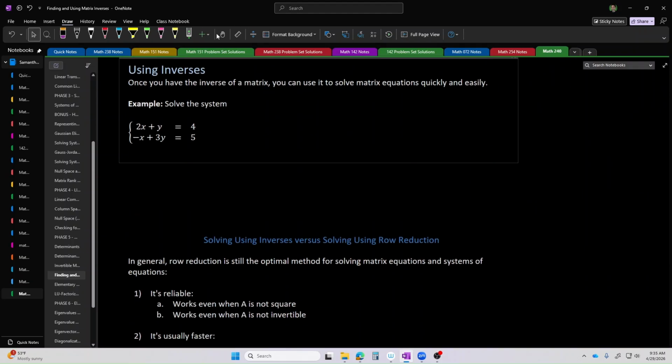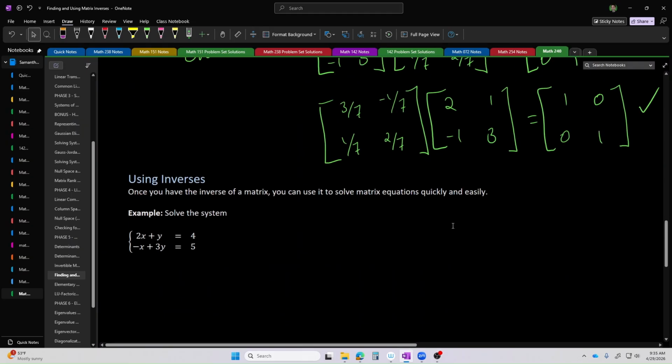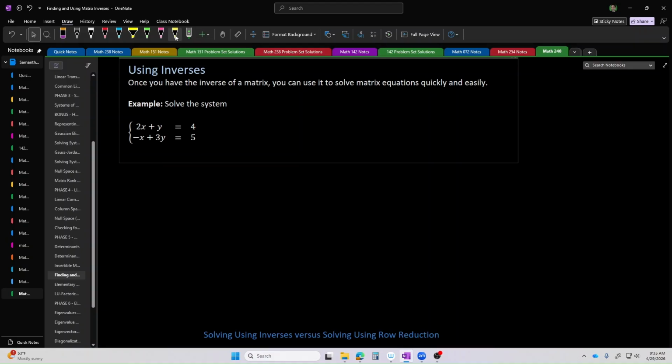So now let me demonstrate how matrix inverses can be used to solve matrix equations quickly and easily. For example, let's suppose that we're trying to solve this system of equations, 2x plus y equals 4, negative x plus 3y equals 5.